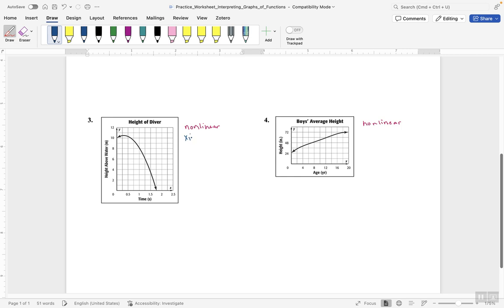This time we do have an intercept right here, and it looks like it's at 1.75. And then the y-intercept is right about 10. Same with this one. Our x-intercept does not seem to exist, and our y-intercept is probably at 24.